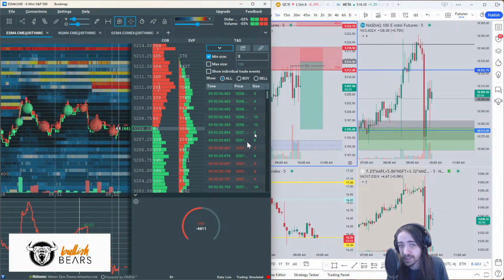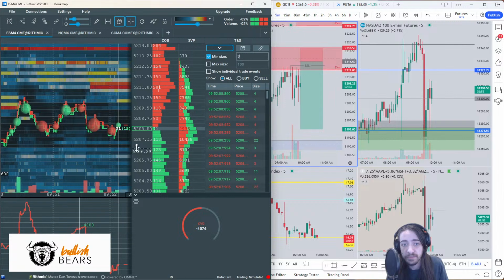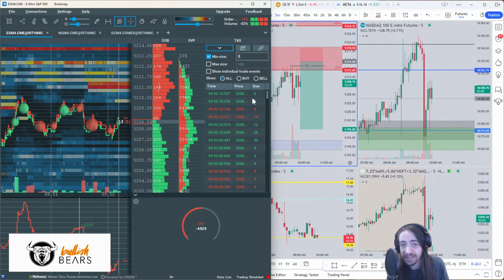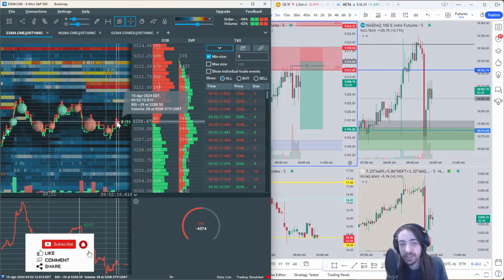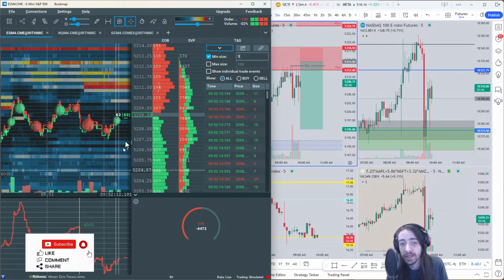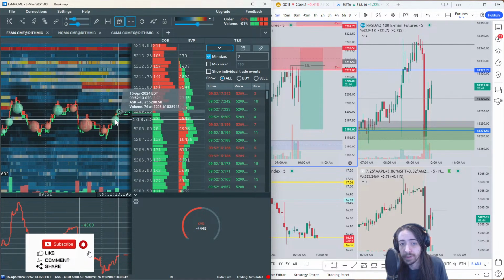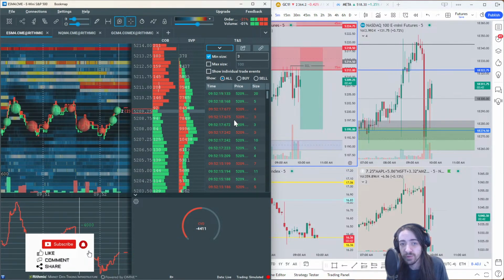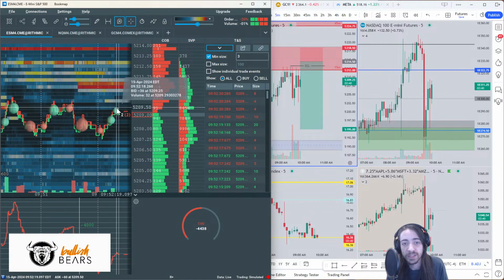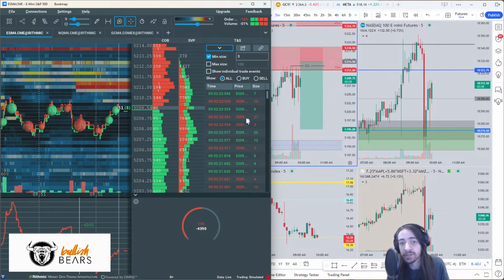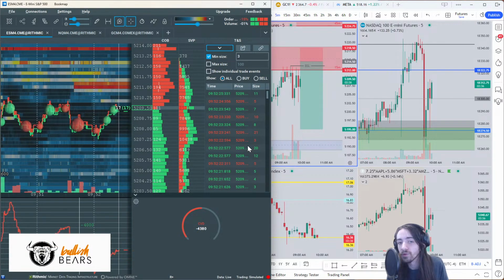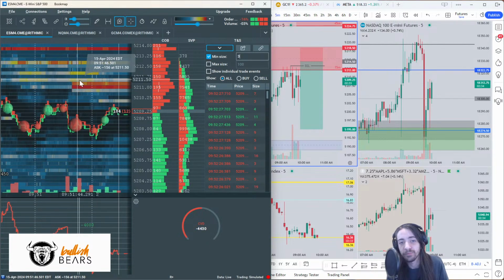But when we're looking at this time and sales here and how it's lighting up, we're looking essentially at the same exact time and sales as what we see with the volume bars and what we see with the volume bubbles. So these bubbles we see with the time and sales. This 20 lot was sitting right in here. So instead of needing to read this moving so quick, we have our heat map, we have our Bookmap.